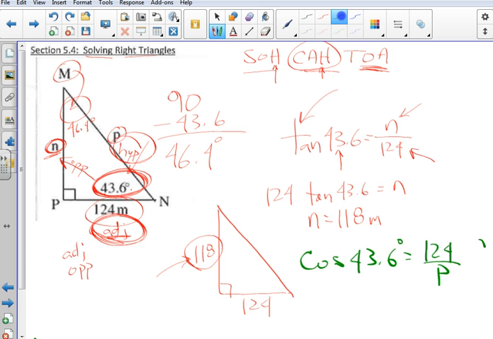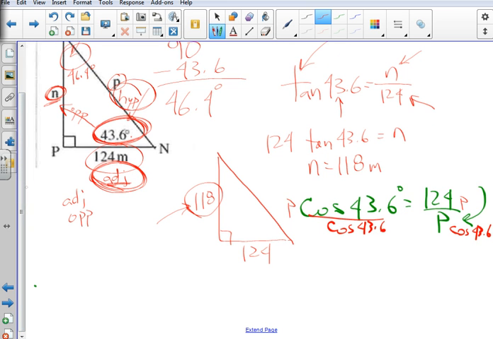Now, when the variable is down here, let me give you a little hint. What we do is multiply both sides by p, and at the same time divide both sides by the cosine of 43.6, which just puts that over here at the bottom. But what that really boils down to is it's perfectly legal to switch these two.